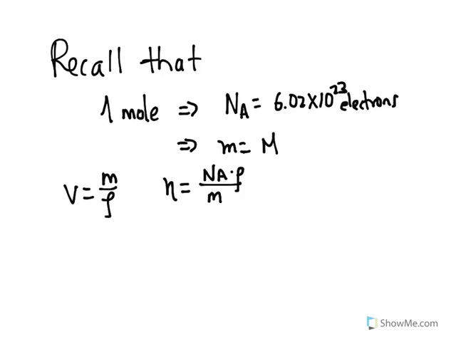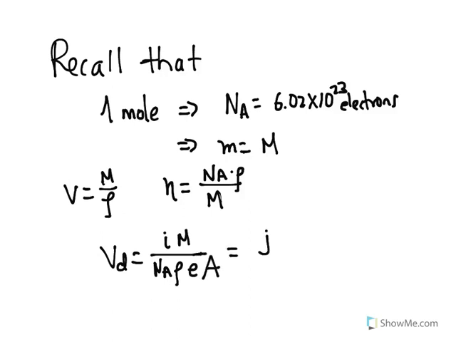So in this case the mass is going to be the molar mass of the substance that we're working with, and that will lead to a drift velocity as the current over N, which is Avogadro's number times density, with the molar mass going upwards, times the elementary charge, since we're talking about electrons, times the area.